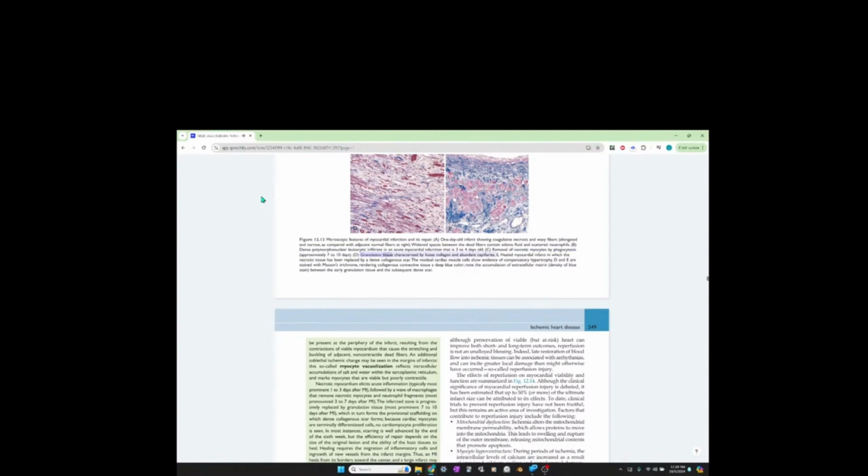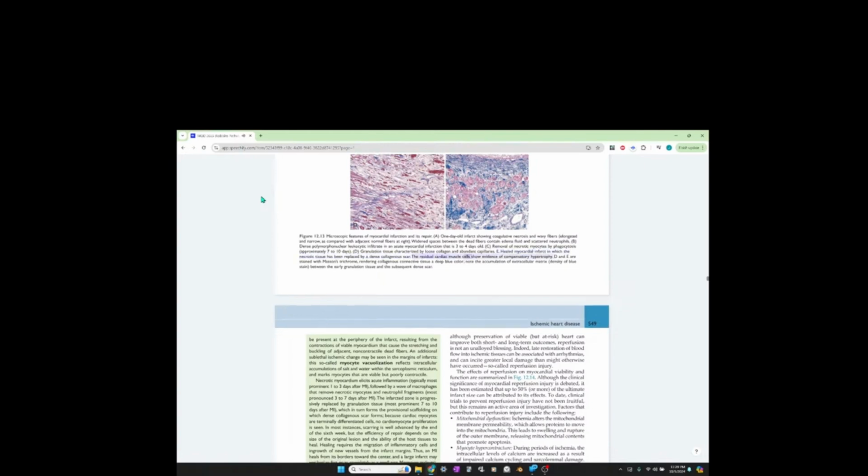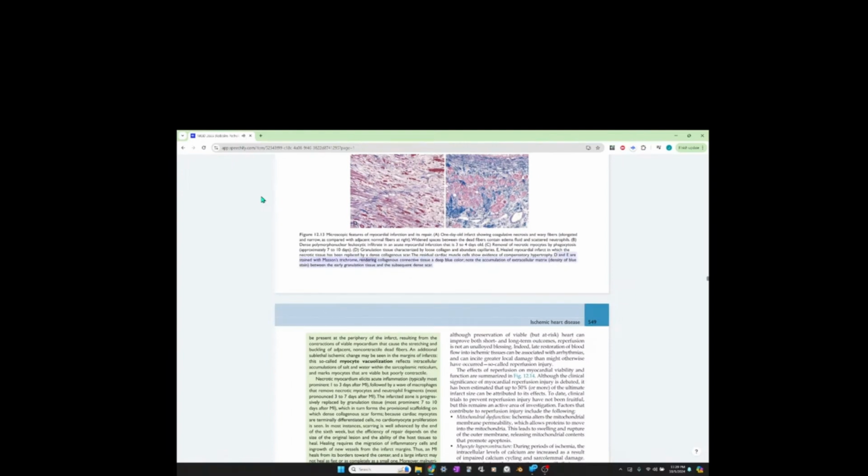Granulation tissue characterized by loose collagen and abundant capillaries. D, Healed myocardial infarct in which the necrotic tissue has been replaced by a dense collagen scar. The residual cardiac muscle cells show evidence of compensatory hypertrophy. D and E are stained with Masson's trichrome, rendering collagenous connective tissue a deep blue color. Note the accumulation of extracellular matrix between the early granulation tissue and the subsequent dense scar.